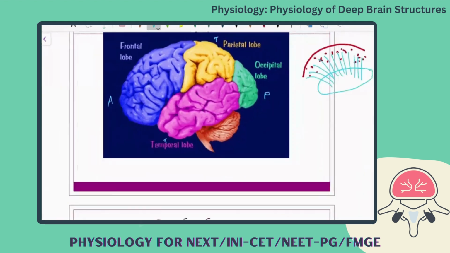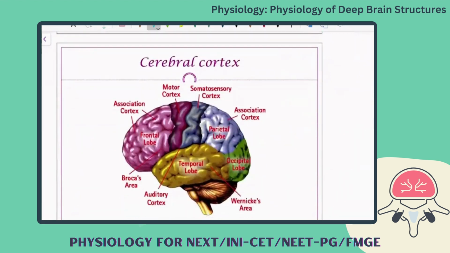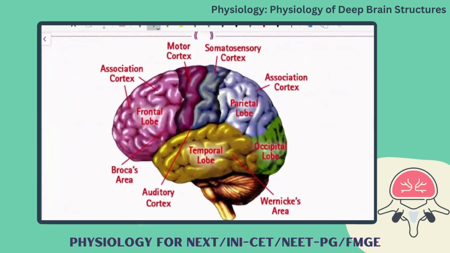Okay, so now moving on to the specific functional regions in the cerebral cortex. We have seen the frontal lobe, parietal lobe, occipital lobe, and temporal lobe. Now, based upon the functions, which lobe is involved in maintaining which category of function? First, how do you differentiate between the frontal and the parietal?